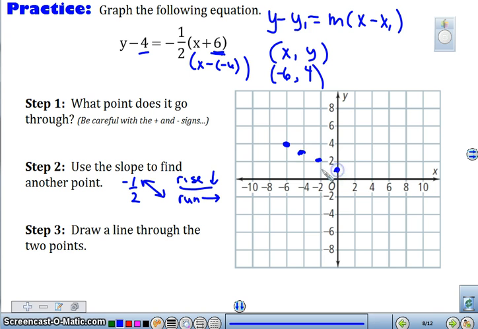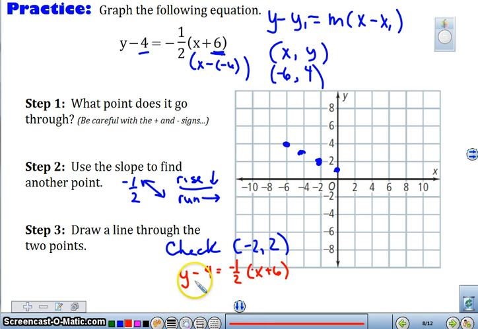Does it make sense that these points work? Well, let's check. When you draw your line, does this point, negative 2, 2, work? How you can always check if you did it right, remember, all of these points need to make the equation true. So if we go to our equation and we put in y minus 4 equals negative 1/2 times x plus 6, remember, at the beginning of the year we always checked our equations.